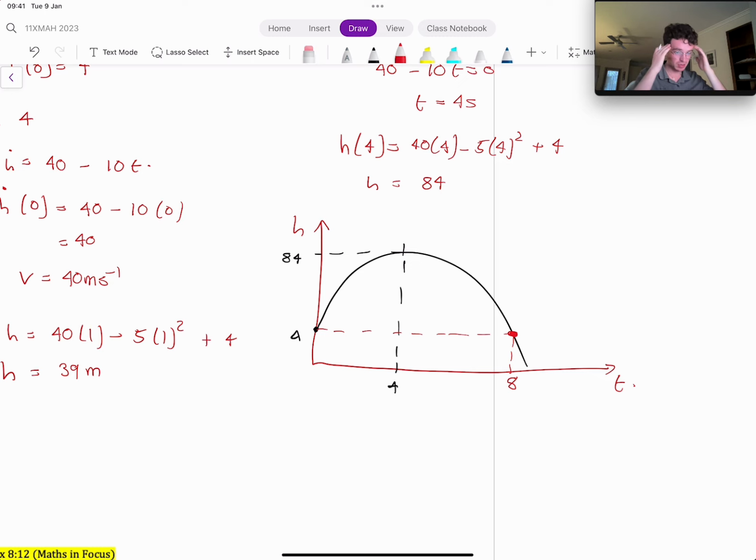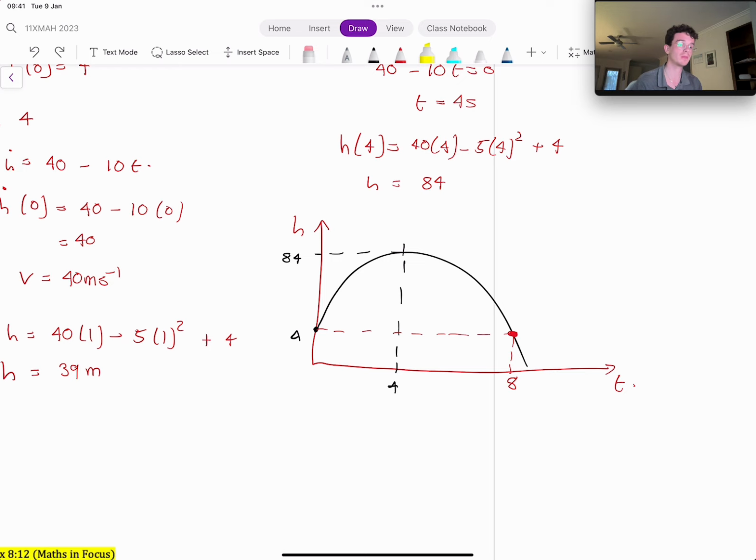And putting our physics mind caps on, that also means the time for it to fall from its maximum height back to where it started is also 4 seconds. So the time it takes for the projectile to go from 4 all the way up to 84 and back down to 4 is 8 seconds. Importantly, it's not 8 seconds down here when it reaches the ground. It would be 8 seconds when it reached the ground if the object started at the origin, but it doesn't in this case.